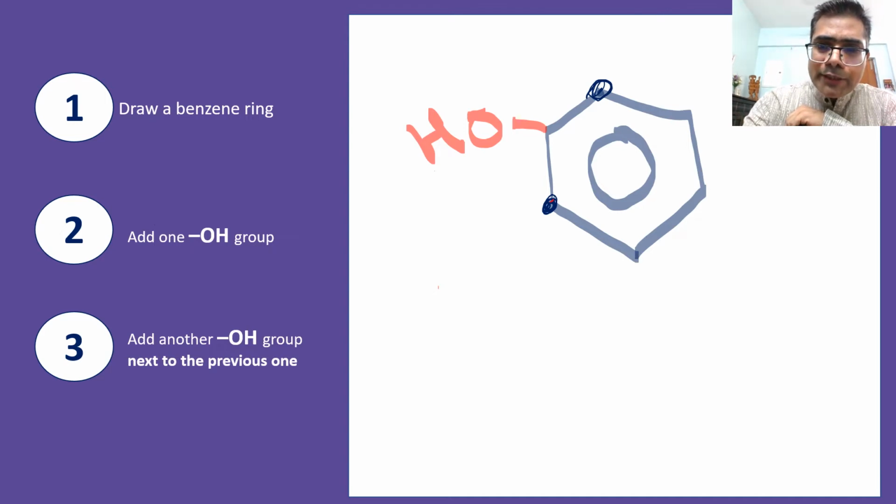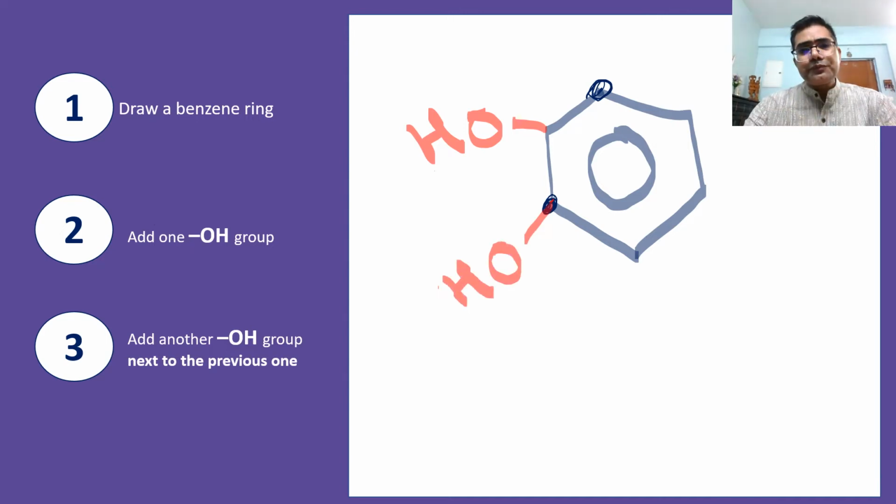Let's pick this position and we add one more OH group to this position. Now this is the structure of catechol.